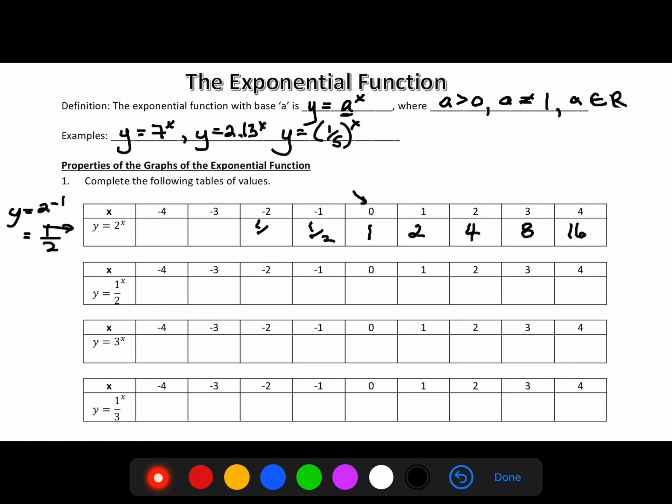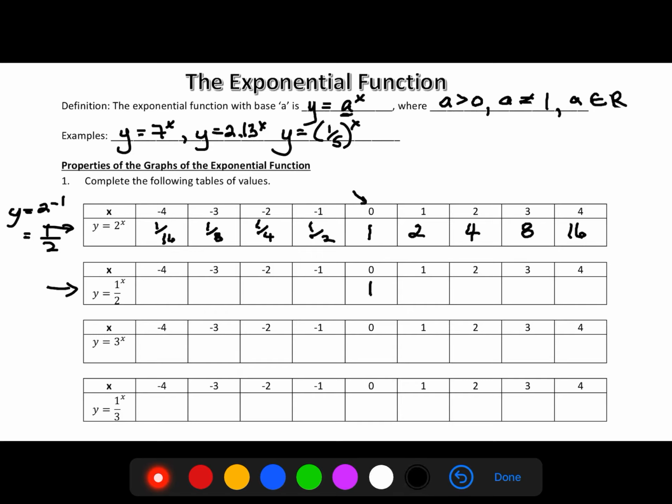So y equals 2 to the -1 is just equal to 1/2. Y equals 1 over 2 squared means we're going to get 1/4. Y equals 1 over 2 cubed means we're going to get 1 over 8. And y equals 1 over 2 to the 4 means we're going to get 1/16.